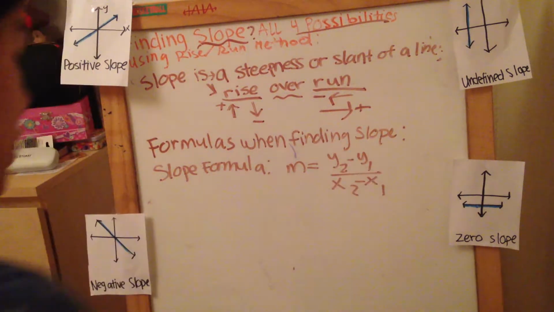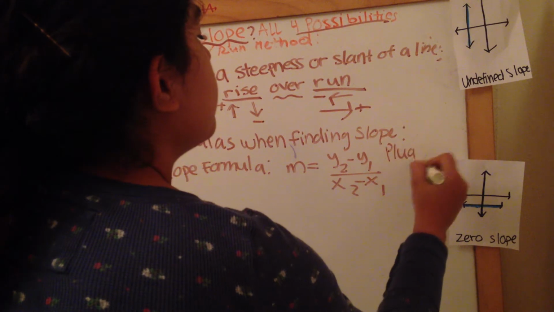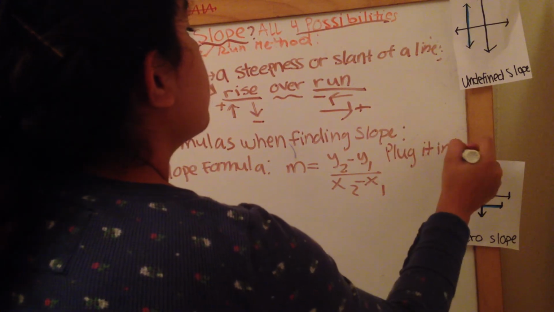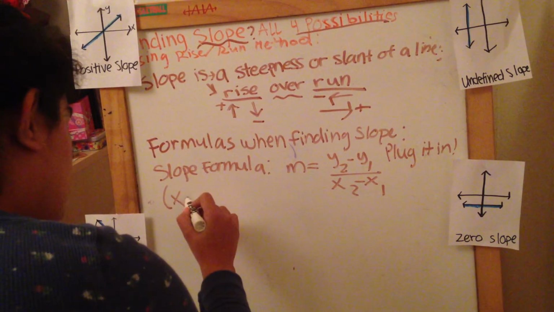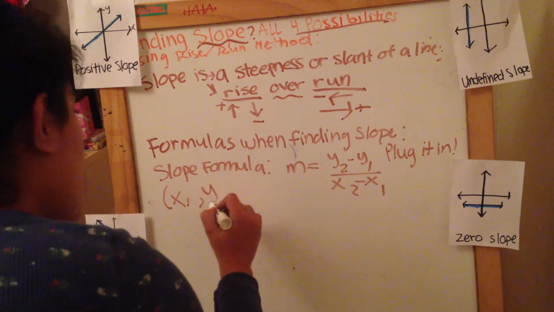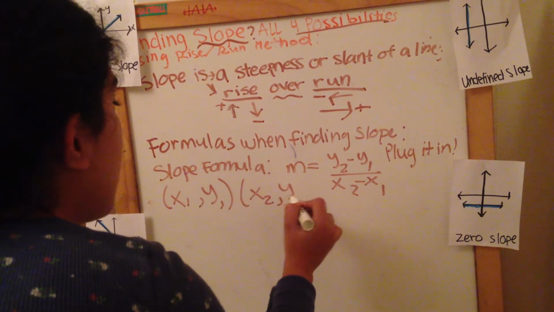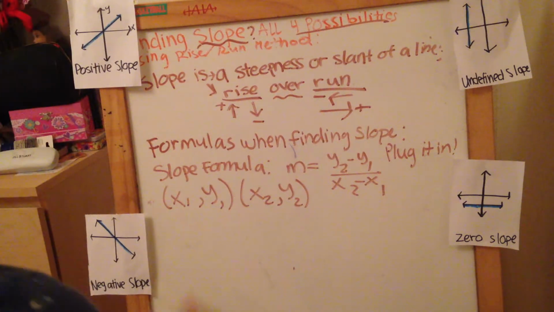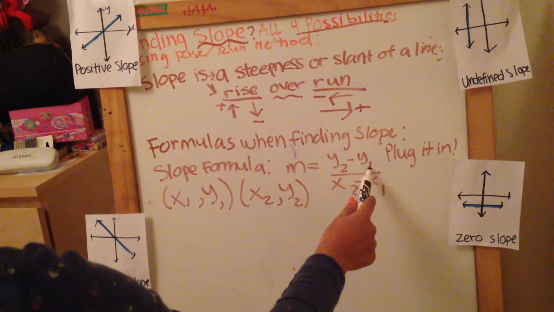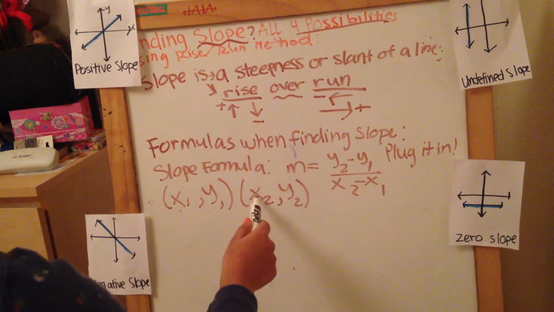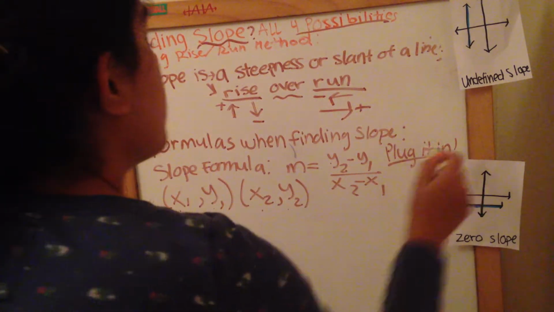So where do you get these numbers from? Well, you plug it in. You have x1, y1, and x2, and y2. You plug it in.